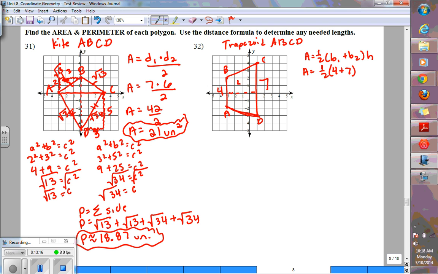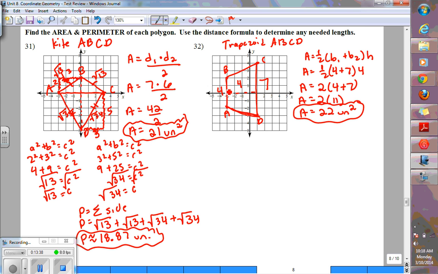My height is 4. Okay, when I punch that in my calculator, I get that my area is 2 times 11, which is 22 units squared.